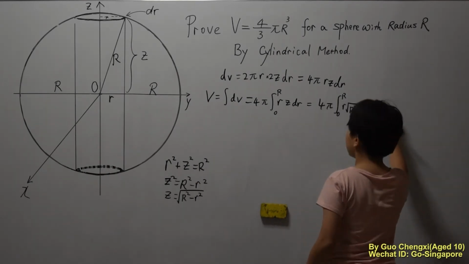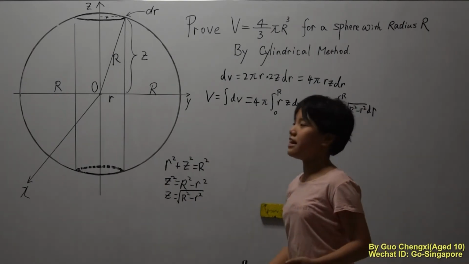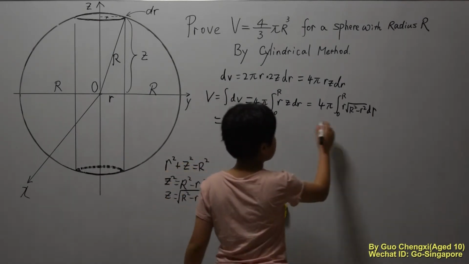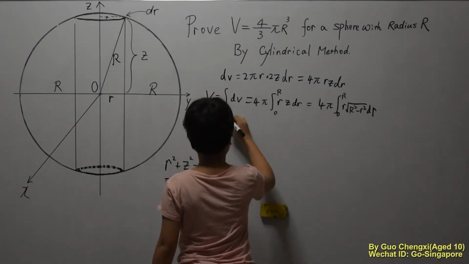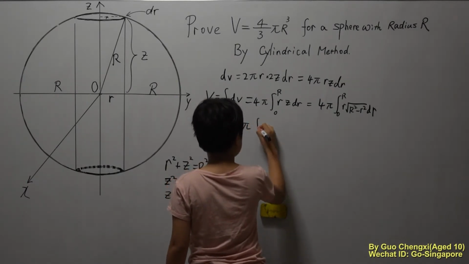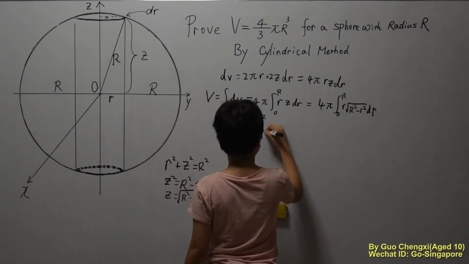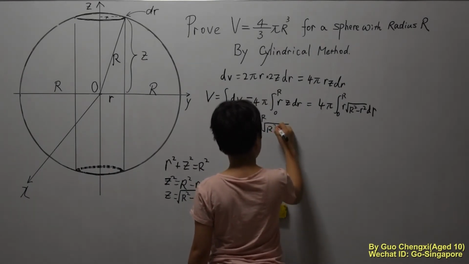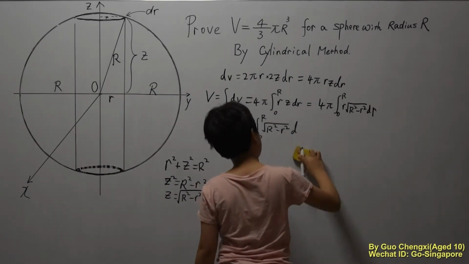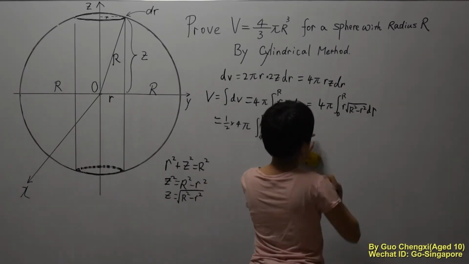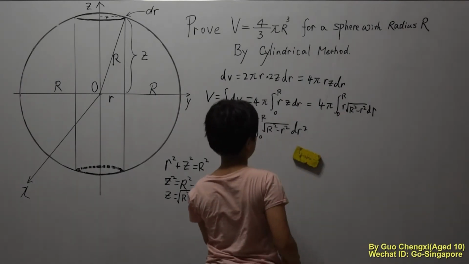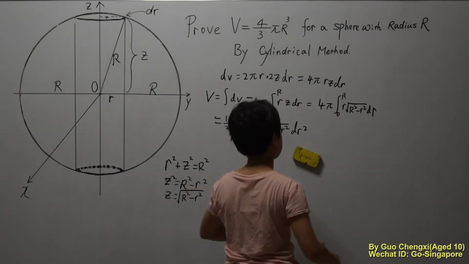Now, can we integrate it already? Yes, we can if you want to make this very complicated. So, an easier way is to put this thing inside, where it will come out a half. Then after that, integral from 0 to capital R, square root R squared minus r squared d(r squared). But now that this part is the same, so if you ever wonder why there's no r over here, then you have to use a different method like substitution.